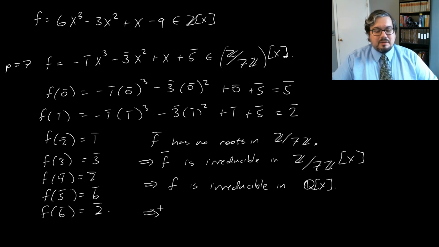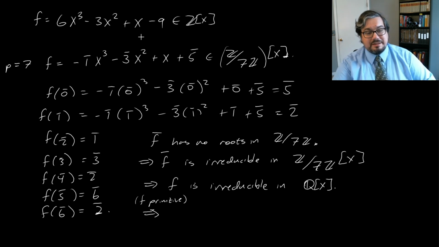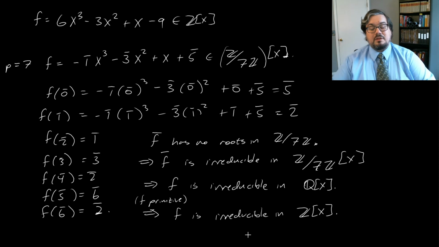And then, because f is primitive, the greatest common divisor of all of its coefficients is just 1. Because f is primitive, by Corollary 140, that means that f is irreducible in Z adjoin X. So this method can sometimes, I should say, easily be used to check whether polynomials of degree 2 or 3 are irreducible.